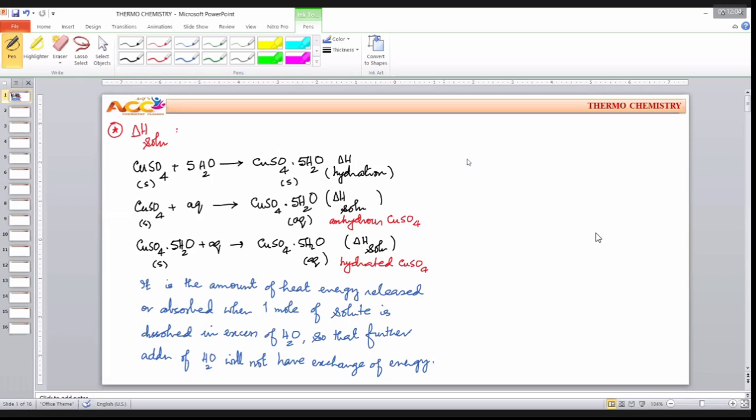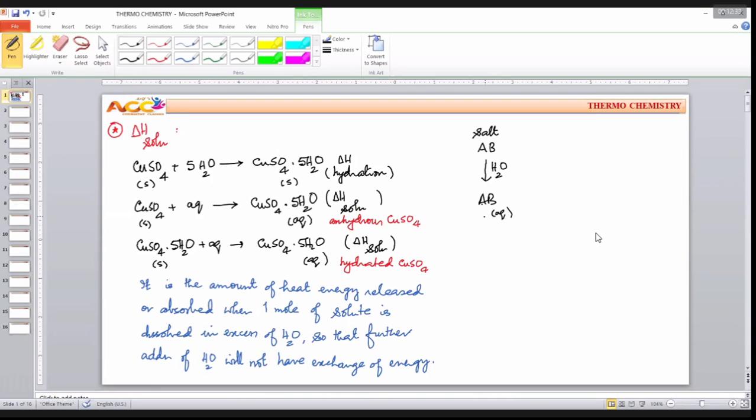Basically what happens, this is Krishna Mohan sir's class discussion. Suppose I have any salt available with me, say AB. If it is added into water, there are two stages. First, this salt gets dissolved, AB aqueous.